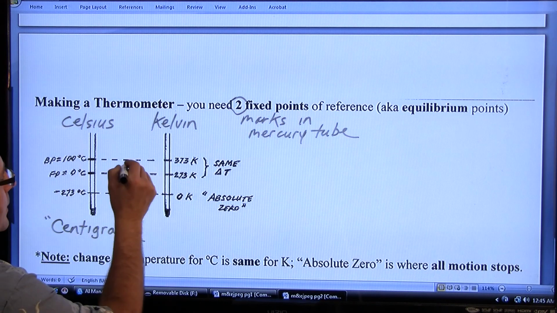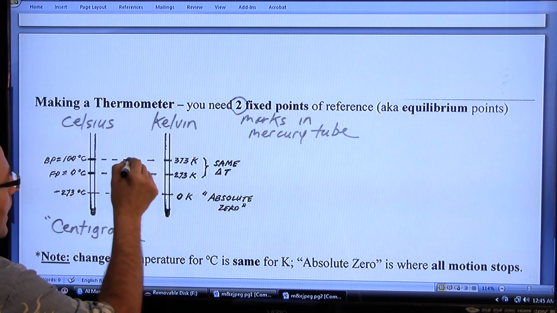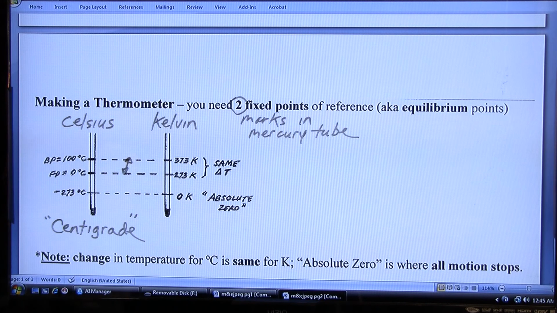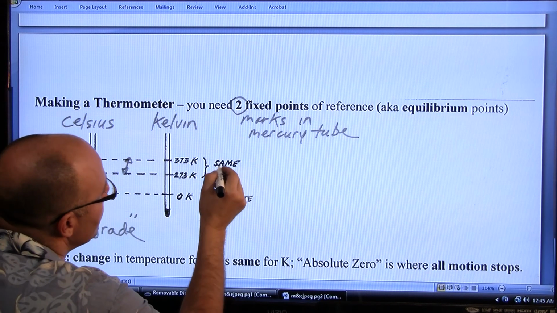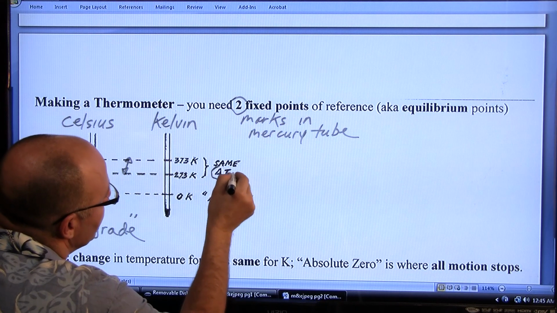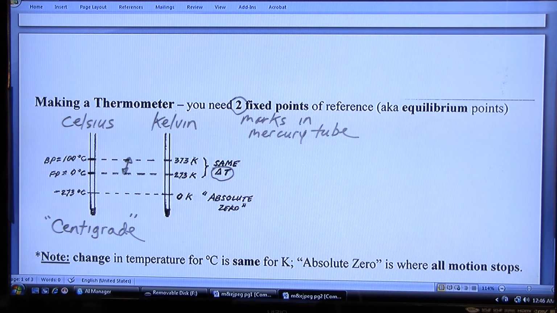And what you want to notice is that the distance here is the same. It's a difference of 100. So Kelvin and Celsius have the same change in temperature. If it goes up by 100 degrees on the Celsius, it's going to go up by 100 kelvins on the Kelvin scale.